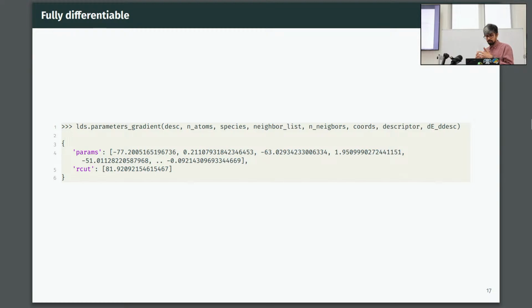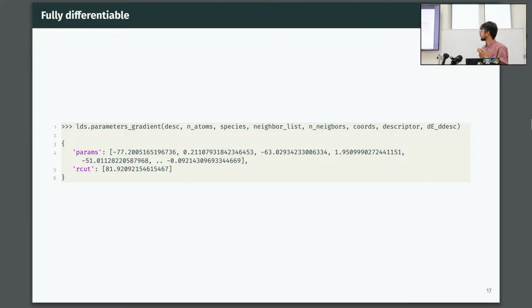And the biggest added benefit is that we can not only differentiate against your positions, we can differentiate against the entire class. For example, in this case, your descriptor was symmetry functions, and it had something like 90 parameters. If I call the function parameter gradient, I will just get a dictionary back in Python, which contains the derivatives against every field that is of double precision, basically floating point numbers, along with those particular fields and what their derivatives are.